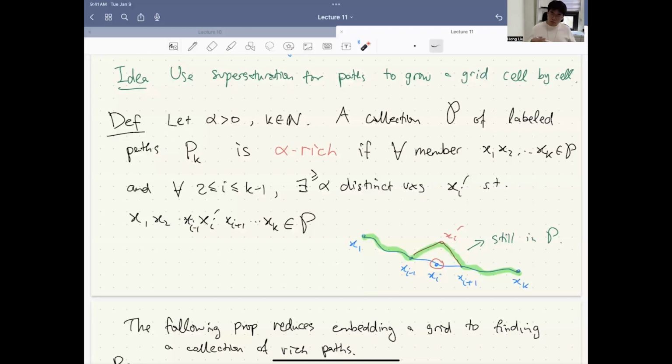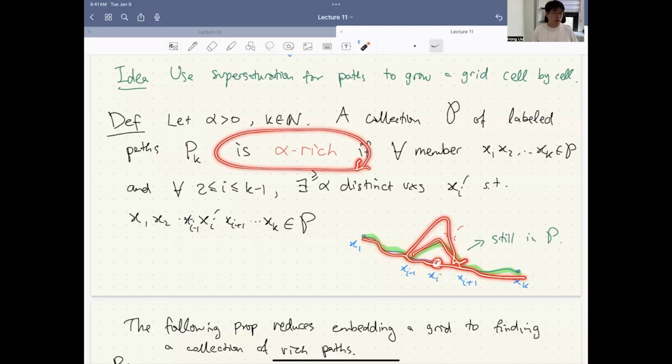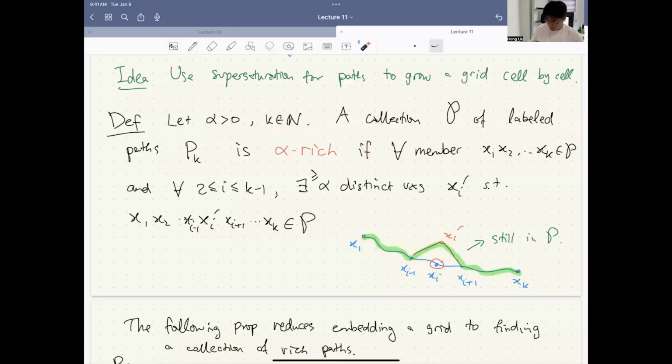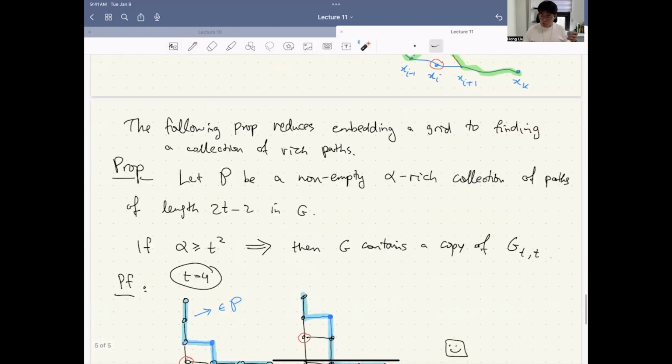If you can show that this deletion will terminate at a non-empty collection of paths, then by definition, all the remaining paths, no matter which vertex you take, have many replacements for it. And that, by definition, is the rich collection we're looking for. So let's carry this out more precisely.